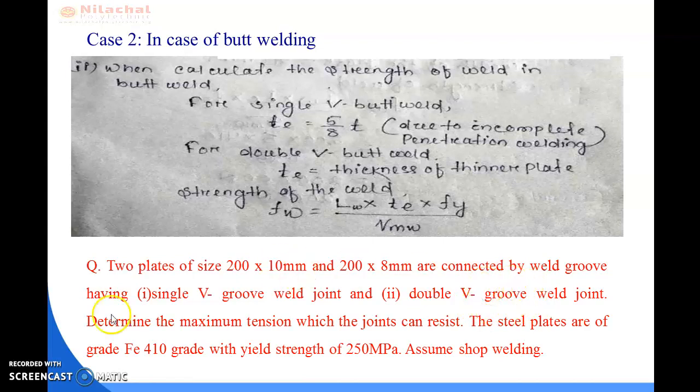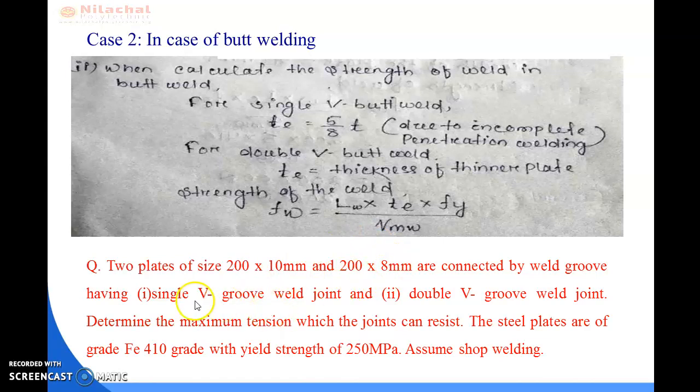Okay. So determine the maximum tension which the joint can resist. The steel plates are of grade Fe410 with yield strength of 250 MPa. Assume shop welding. So here the size of the plates is given. This is your first plate and this is your second plate.